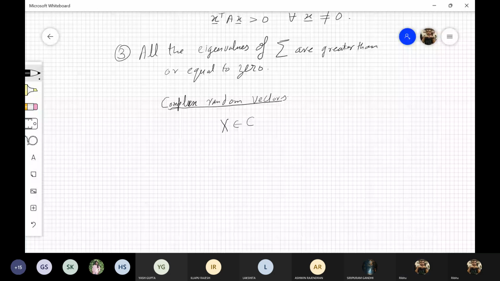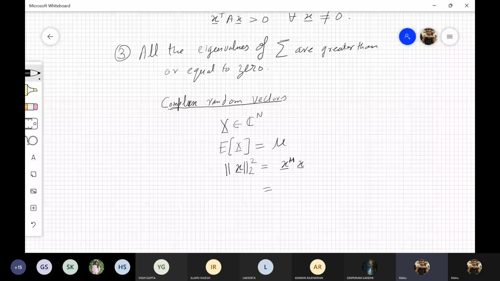The expectation of x is mu. And since we had the notion of complex conjugates while dealing with complex numbers earlier, we will continue that and define the norm of x for complex vectors as x Hermitian x, which equals x conjugate transpose times x.